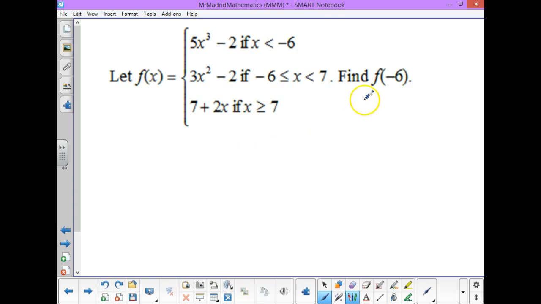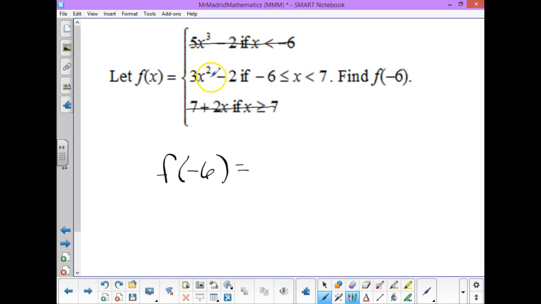So when you look at it, they ask us to evaluate f of -6. You must double check with the domains. Is -6 consistent with these domains? -6 is not bigger than or equal to 7, so I will not work with that piece for this exercise. -6 is not less than -6, so I will not be working with this piece either.